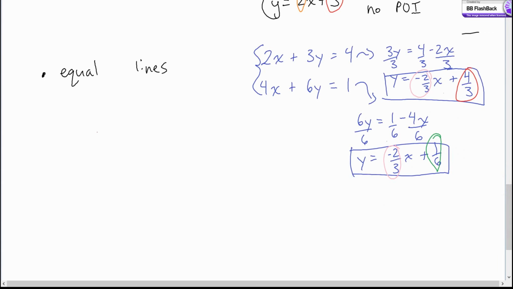If they're equal lines, when you rearrange it, you would get the same numbers. So I could have these two lines.